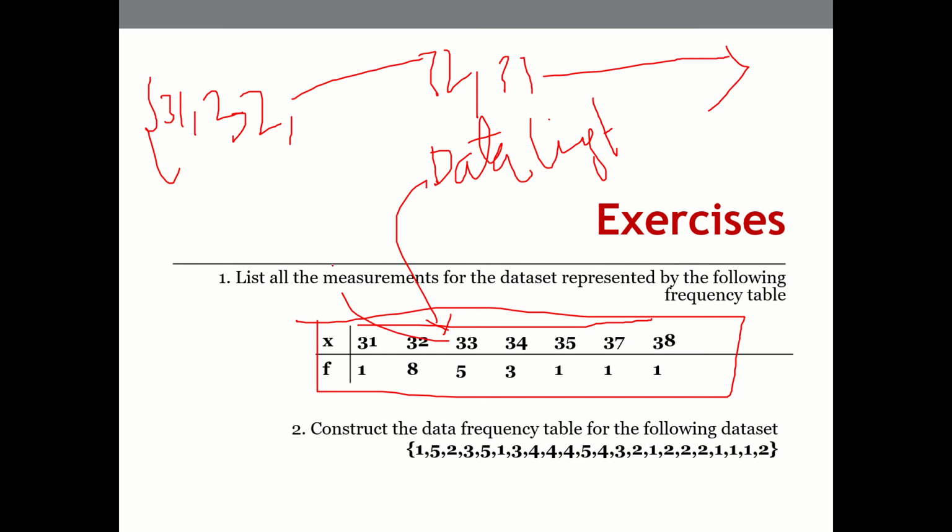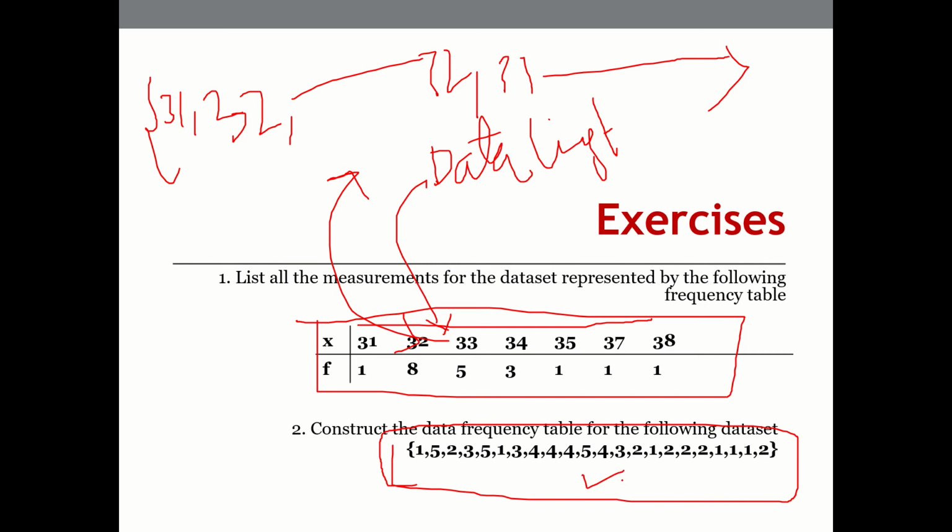So data listing can be done the other way, and a frequency table can be constructed like this. And given this, let us assume, can we quickly do a frequency table for this data set, the data listing?